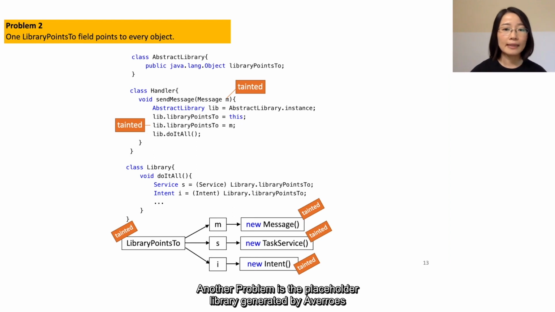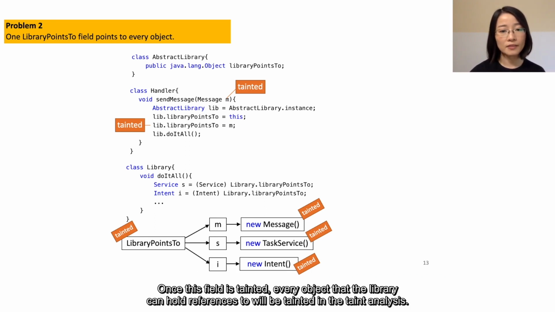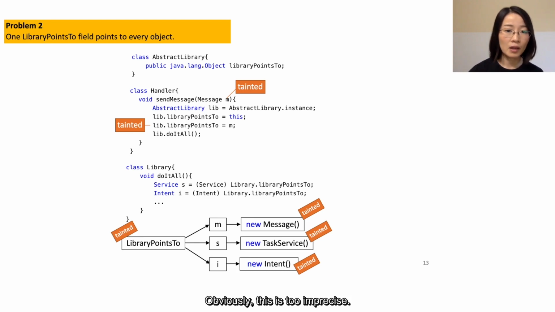Another problem is the placeholder library generated by arrays uses one field called libraries point to abstract which objects the library can point to. Once this field is tainted, every object that the library can hold reference to will be tainted in the taint analysis.